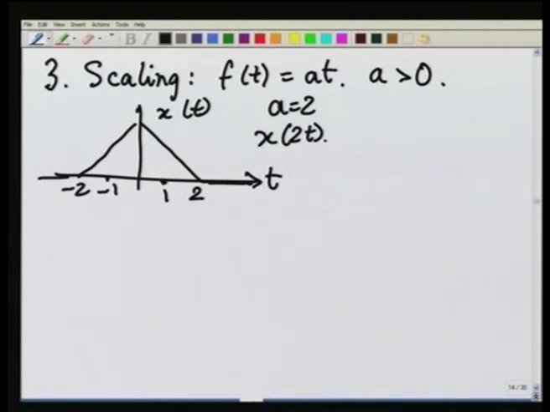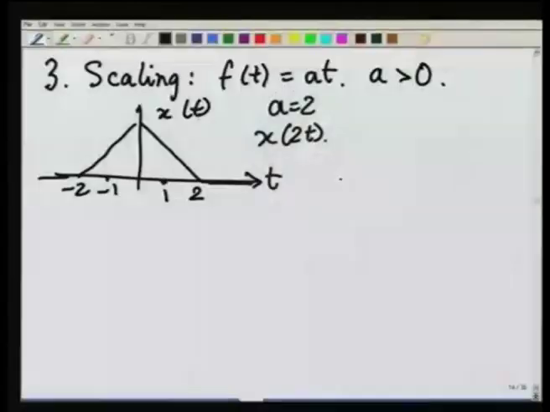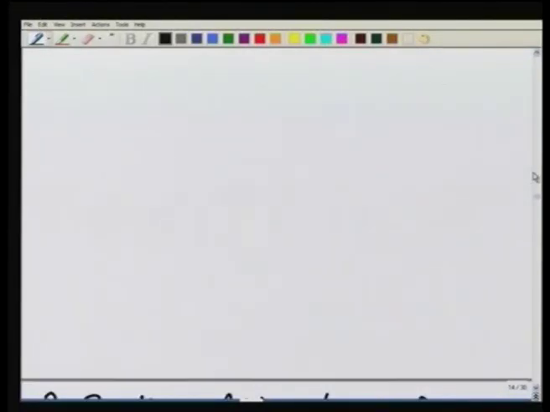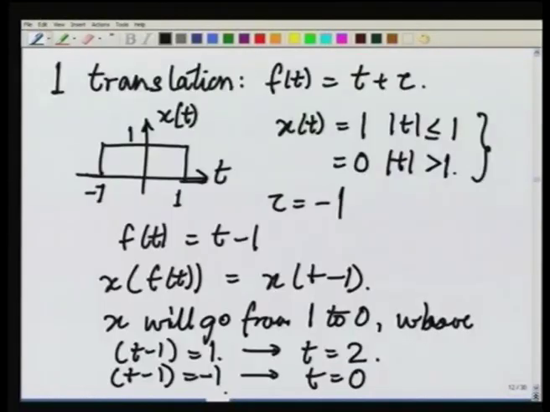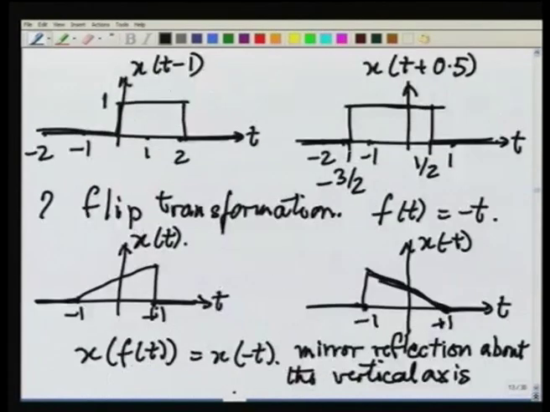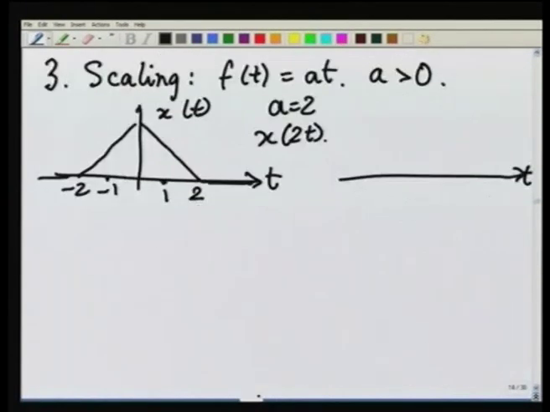Again go by the salient points. The salient points are 2, 0 and minus 2. Each of these points has now got to be transformed. Therefore, going about the transformation in the conventional manner, we note the following.